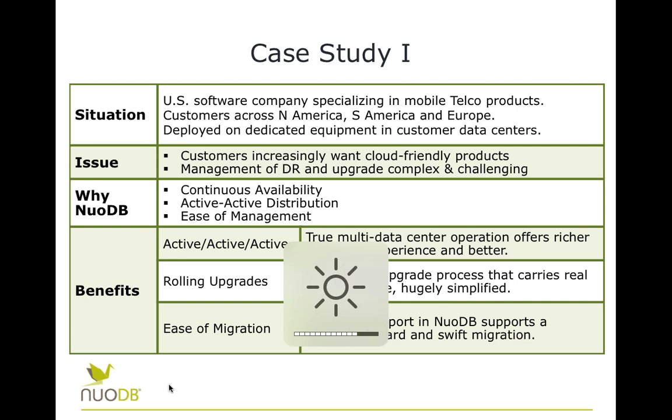One is it's very complex to manage. They need multi-site to provide disaster recovery, but the database they're using, which is a traditional relational database, in fact it's Oracle with GoldenGate for replication, to manage that for disaster recovery and to upgrade is extremely complex.